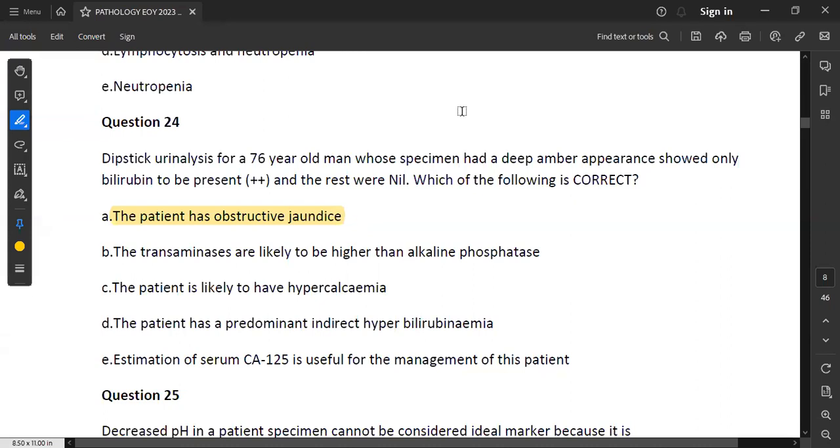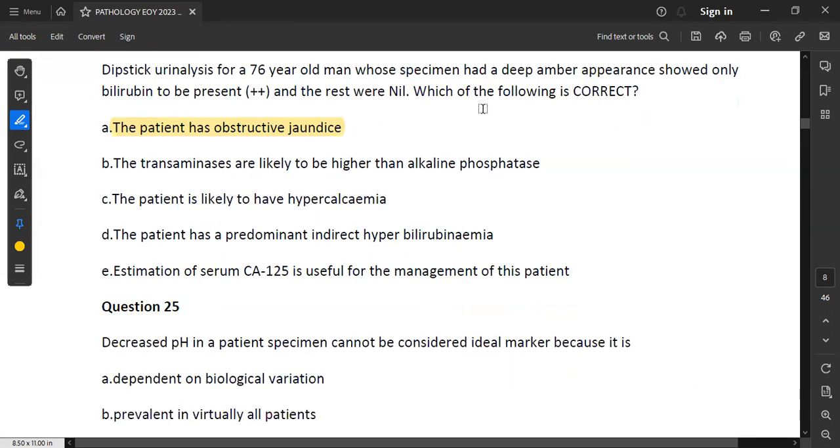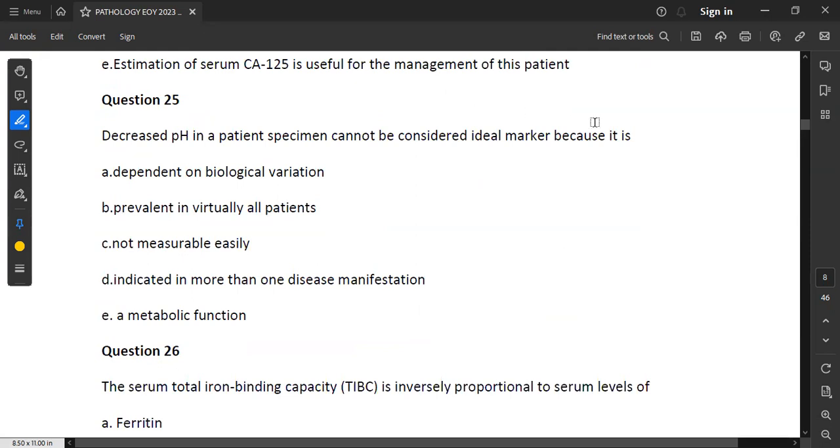Yeah, okay. So we go to number 25. Decreased pH in a patient specimen cannot be considered an ideal marker because it is A, dependent on biological variation, B, prevalent in virtually all patients, C, not measurable easily, D, indicated in more than one disease manifestation, E, a metabolic function.